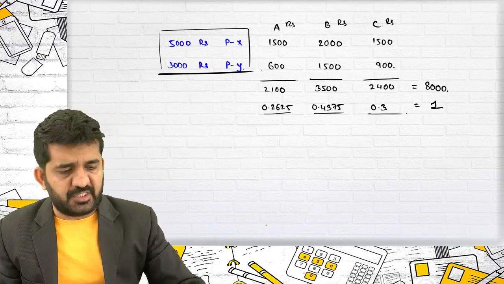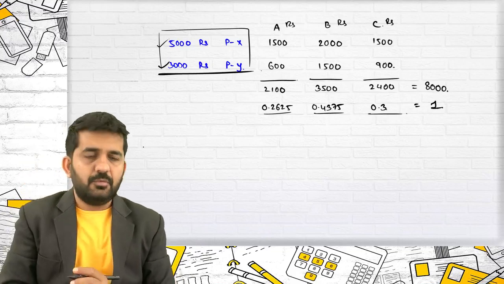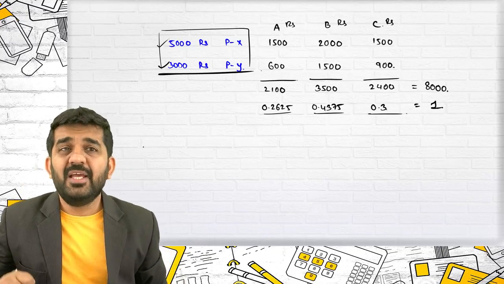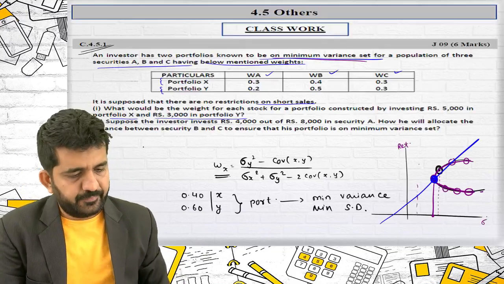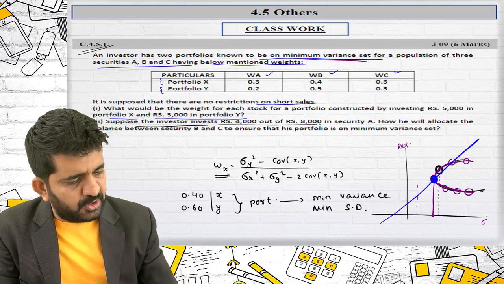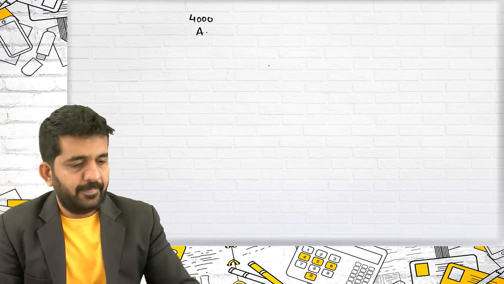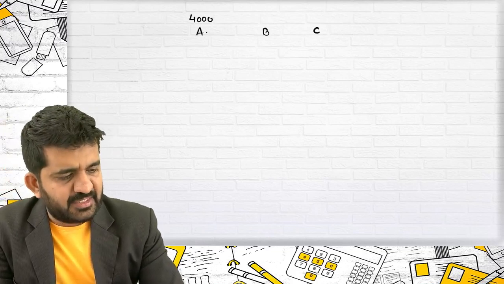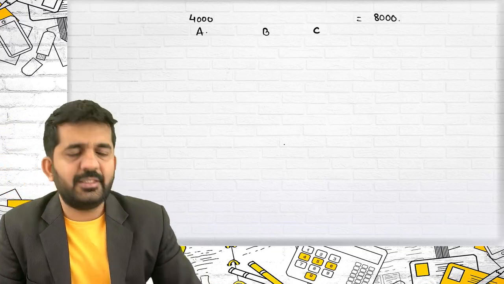If the portfolio is constructed by investing 5,000 in portfolio X and 3,000 in portfolio Y. Now, the next question is somewhat typical. Try to concentrate. Suppose the investor invests rupees 4,000 out of 8,000 in security A. So 4,000 you have invested in A. The remaining you will be investing in B and C, and the total amount available is 8,000.